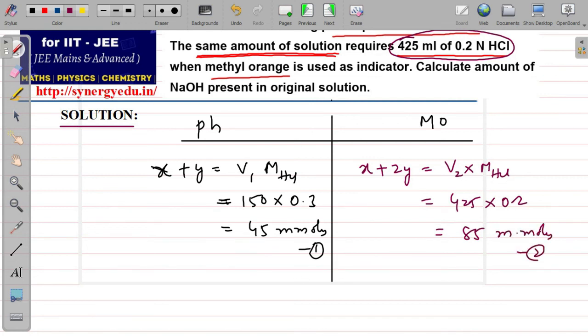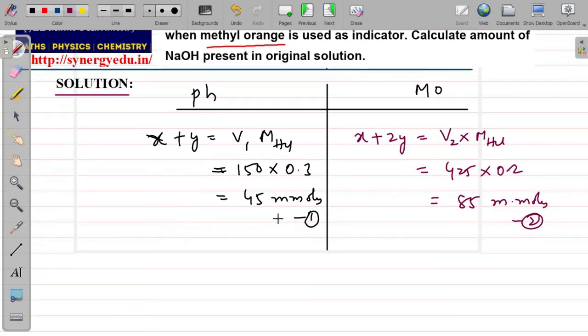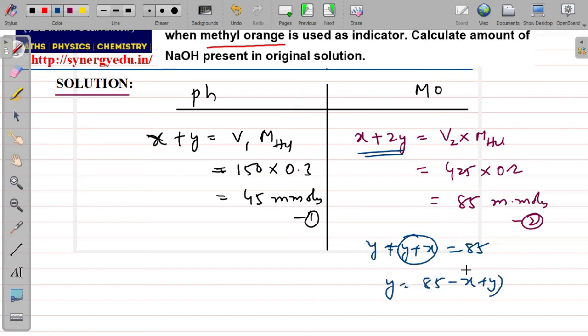So now these two equations we know. Now let's solve these equations. Since X plus Y is 45, I can write X plus 2Y as Y plus X plus Y, which is equal to 85. Now if I take X plus Y to that side, Y is equal to 85 minus (X plus Y). X plus Y I already know is 45.